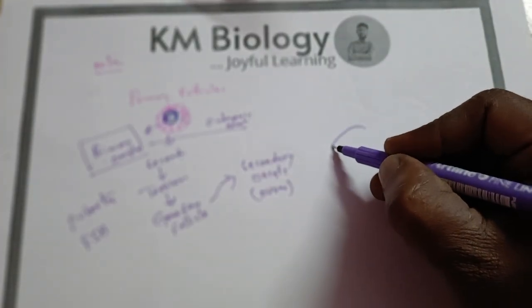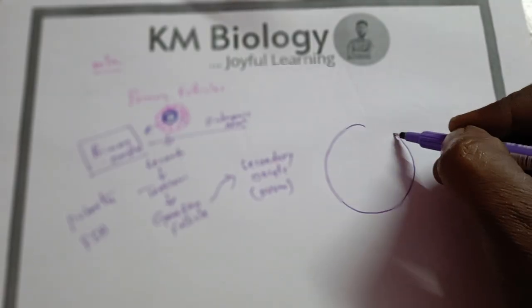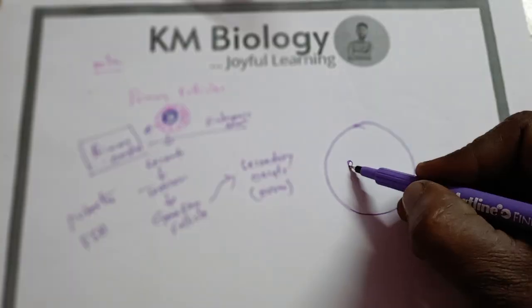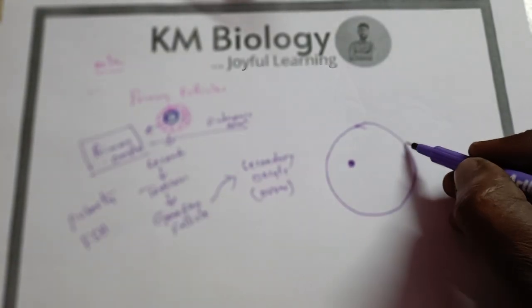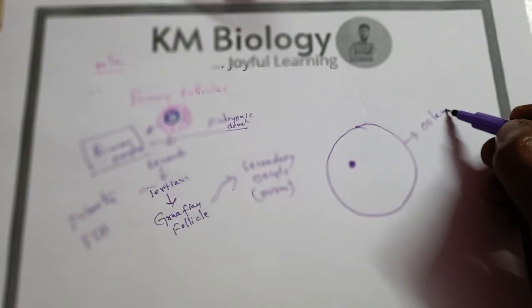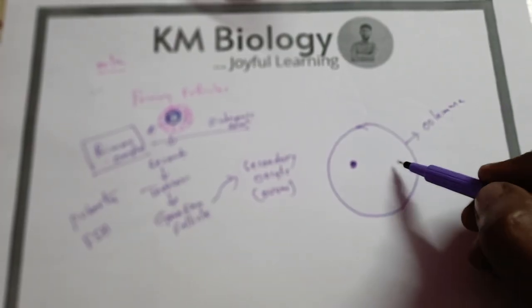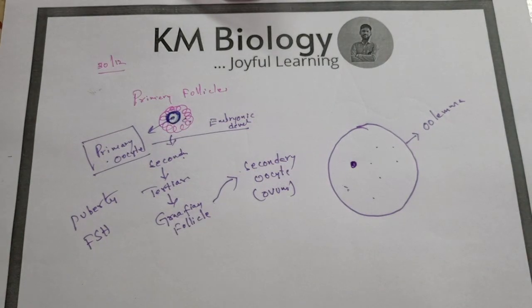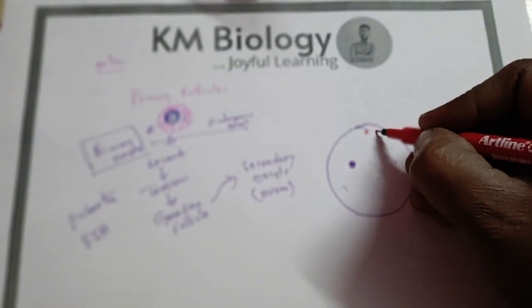So usually it is a large cell compared to our body cells, and you can find the nucleus, and this is the plasma membrane. We can call it as oolemma, and you can find the cytoplasm, and some specialized granules are found.